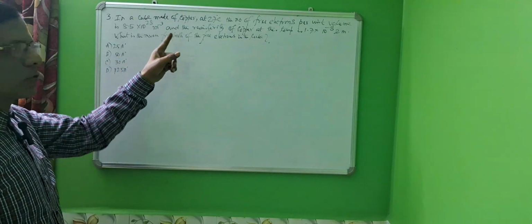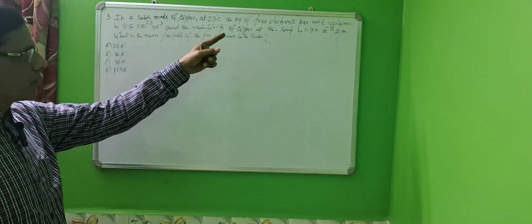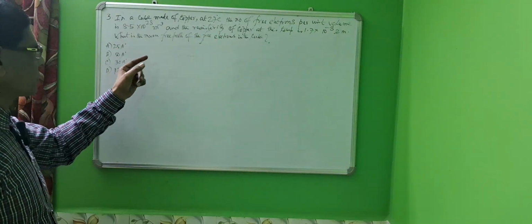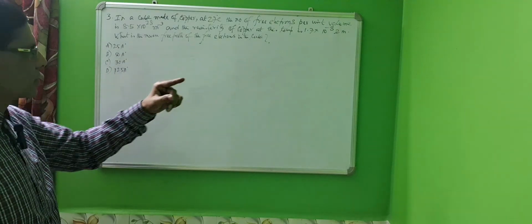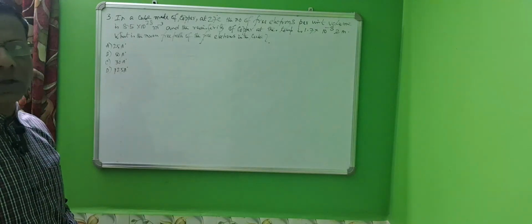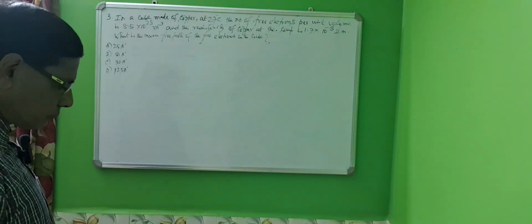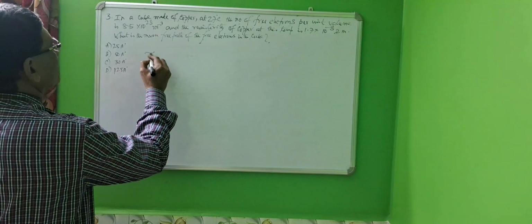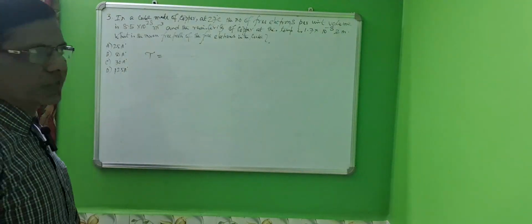In a cube made of copper, at 27 degrees Celsius, the number of free electrons per unit volume is this, and the resistivity of copper at this temperature is this. What is the mean free path of the free electrons in the cube? The expression for tau, where tau is the relaxation time.